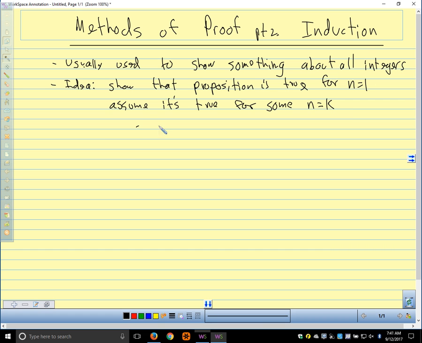And then you show that this implies that it's true for n equals k plus 1.